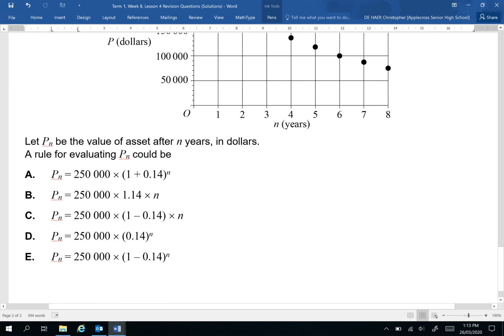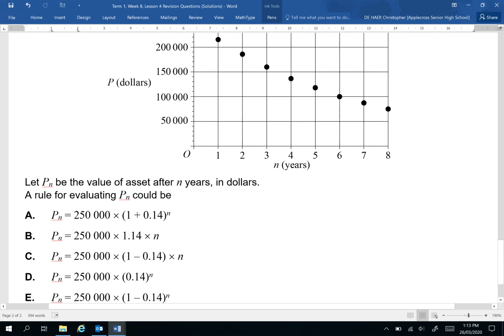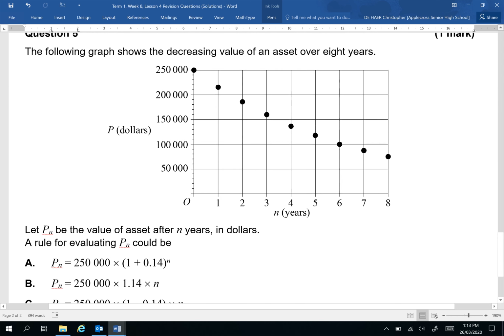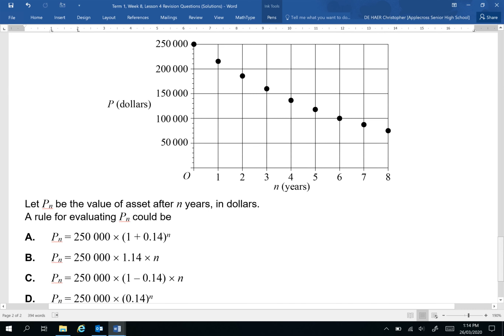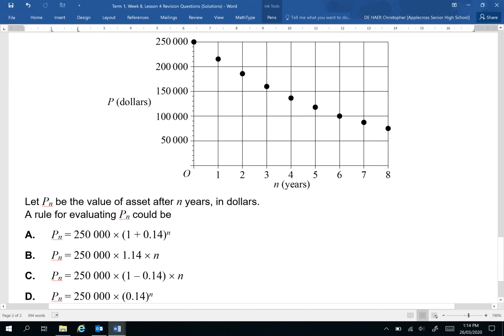But we notice from the actual graph that it's decreasing, but the amount of decrease is slowly decreasing, so it's going to be on an exponential curve, so that would suggest that it's not linear. So that would mean that B and C are out.